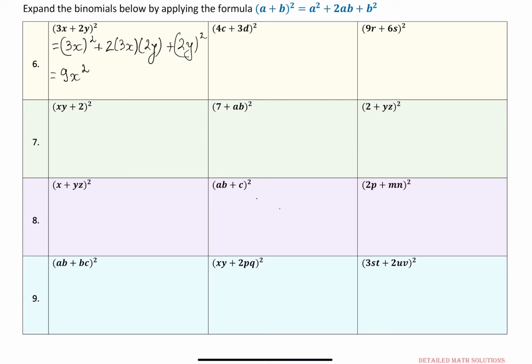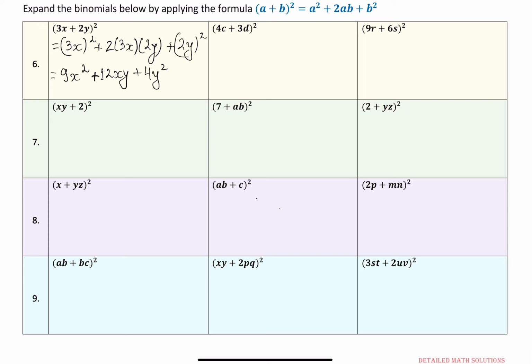In the middle term, we need to multiply the numerical part first: 2 by 3 by 2, which is 6 times 2, or 12, and we have xy, plus (2y) squared, or 2 squared y squared, which equals 4y squared.